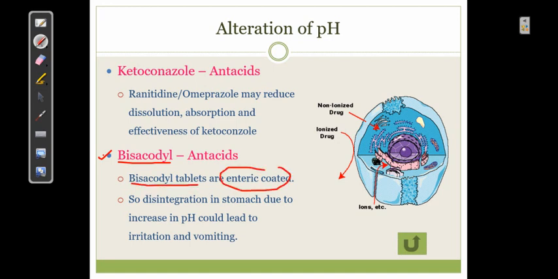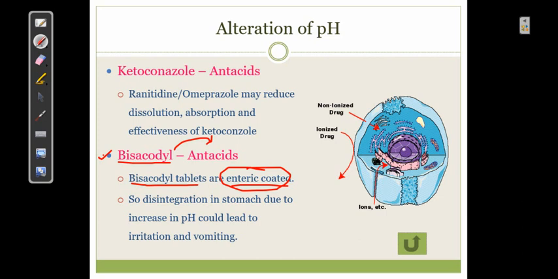Why enteric coated? Because if bisacodyl is released in the stomach, the gastric mucosa will get irritated, and that will lead to strong nausea and vomiting. That is a side effect you can consider, and that is the reason these tablets are enteric coated tablets.